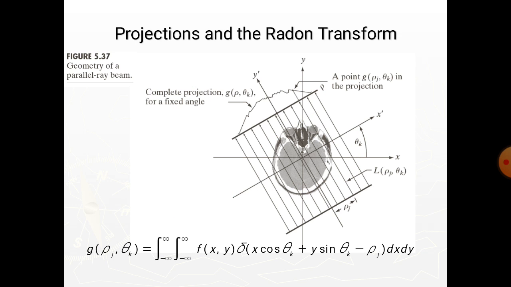Here the ray sum is a line integral which is given by g of p j, theta k is equal to the integration from minus infinity to infinity of f of x,y into delta of x cos theta k plus y sin theta k minus p j, dx dy.